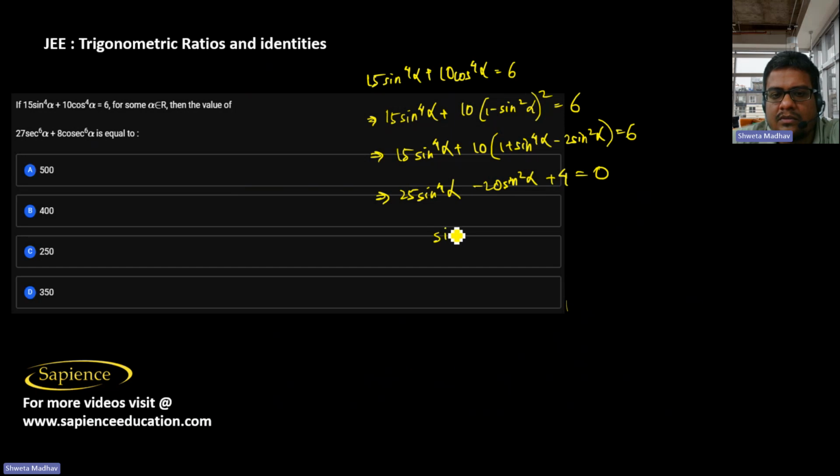Now it is a quadratic equation in sine square alpha. So sine square alpha is minus b plus or minus square root of b square minus 4ac by 2a.